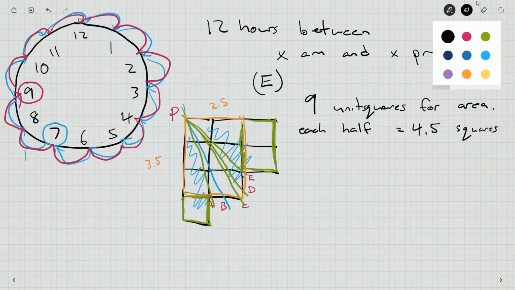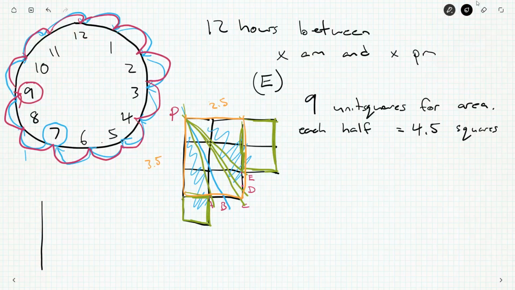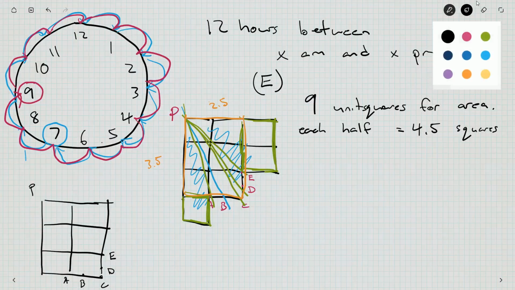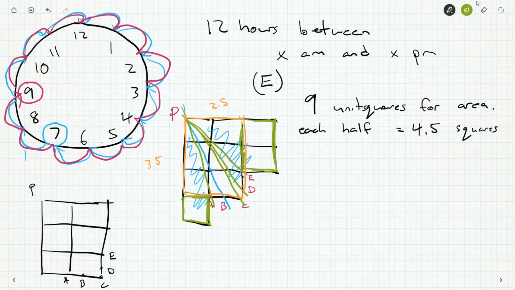Now we can just focus on our orange rectangle, and it's in a slightly nicer shape. It's a rectangle. Now we still have P up here, and then we've got A, B, C, D, and E. So we've thought of a new way to look at the problem, but does this actually help us?